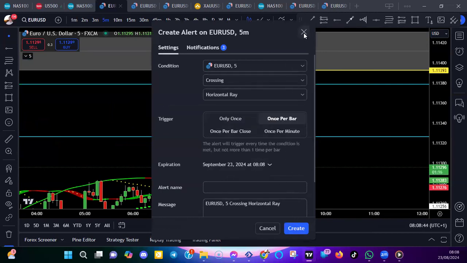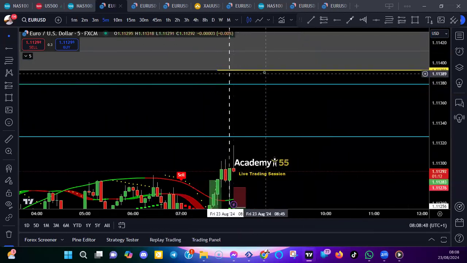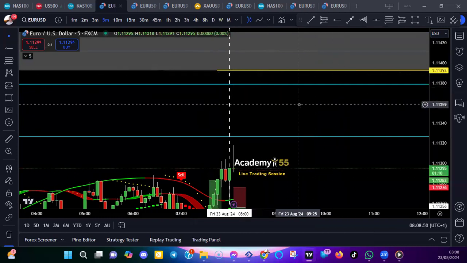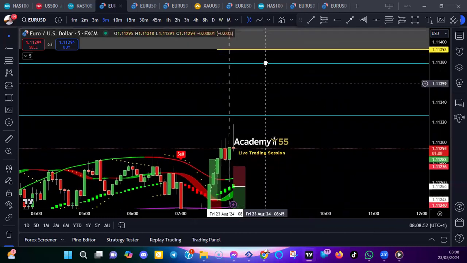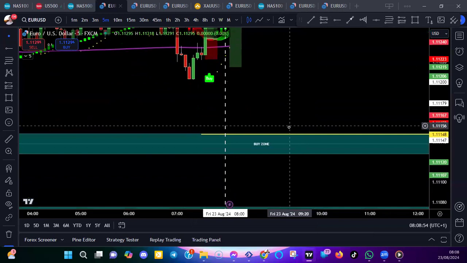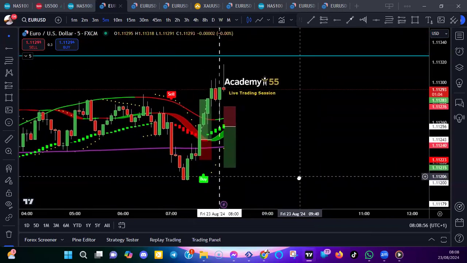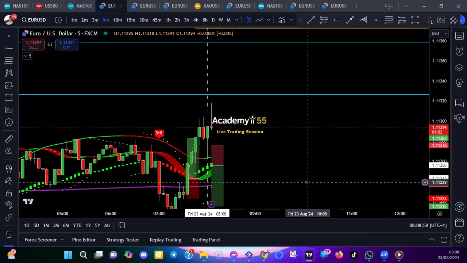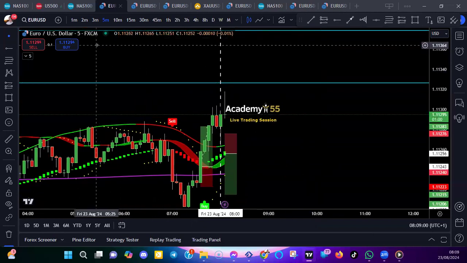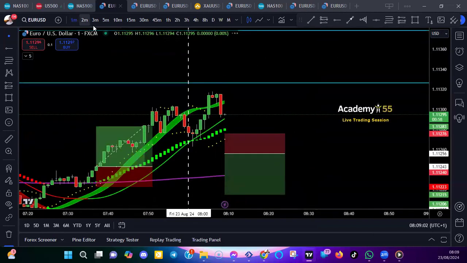And then you'll get a pop-up when price gets to this area here, and then you can look for the next sell. Consequently, you can do the same on the buy zone. That's if you want to come back at a later time, if nothing happens within this hour.